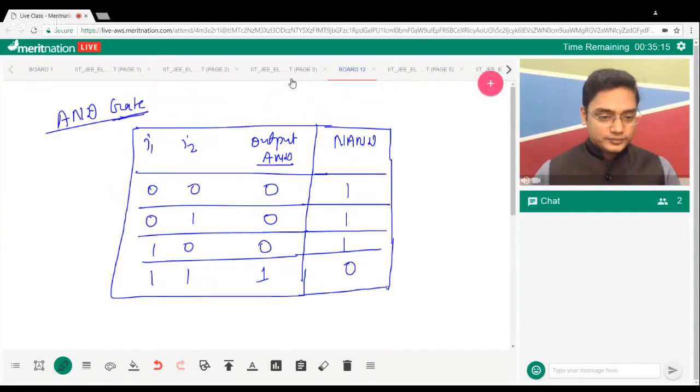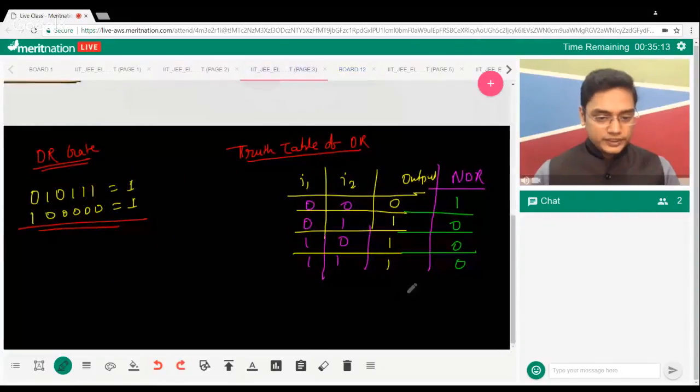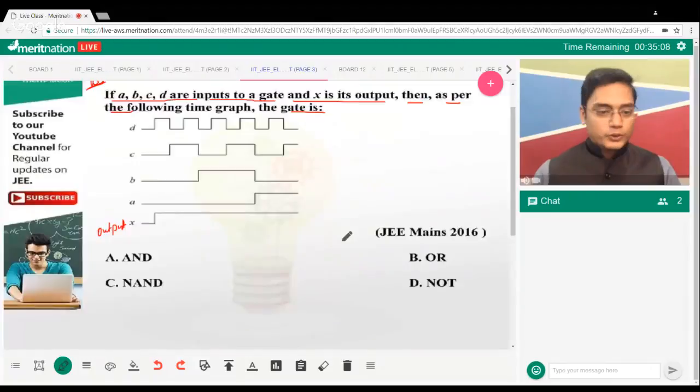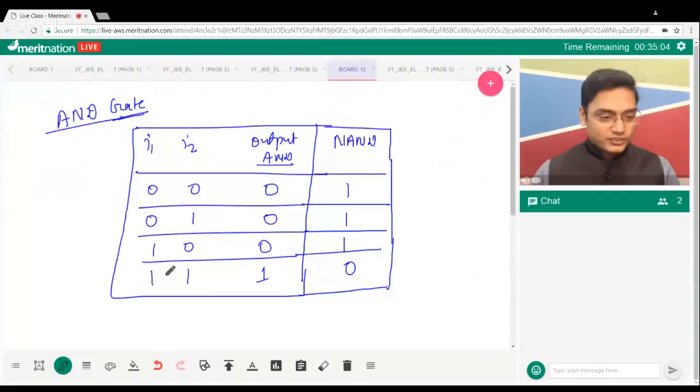Okay, NAND gate, right? So this is a NAND gate. Yes, for 1 1 the output will be 0. Correct. So this is about NAND gate.